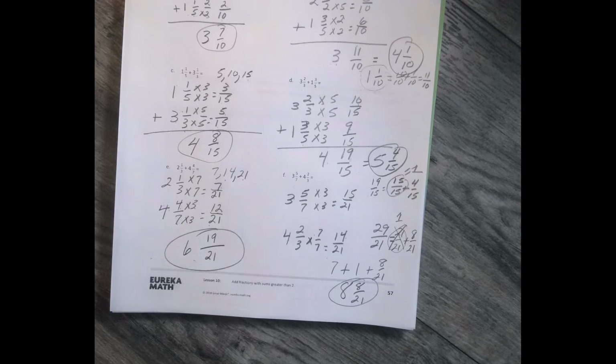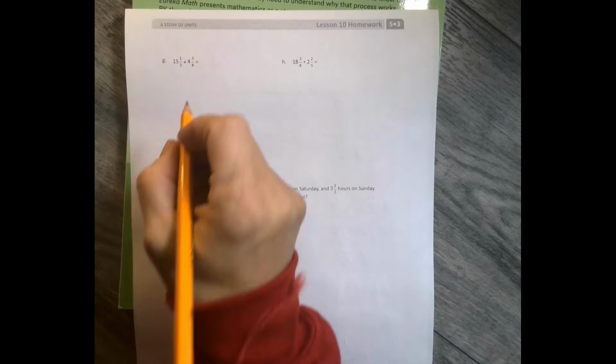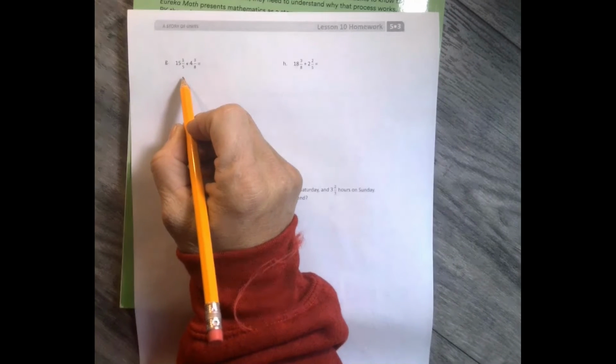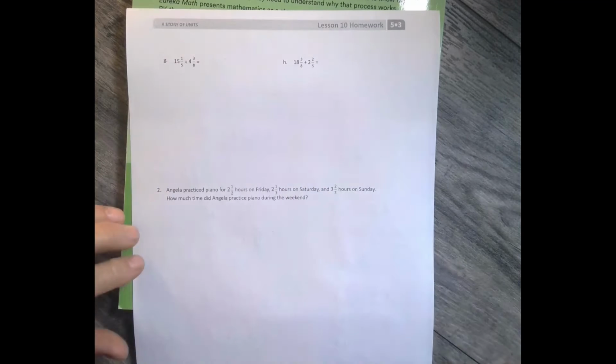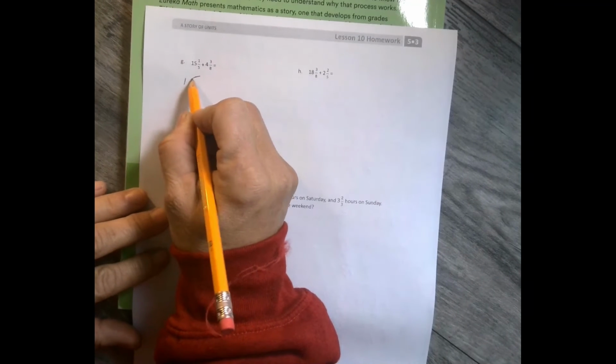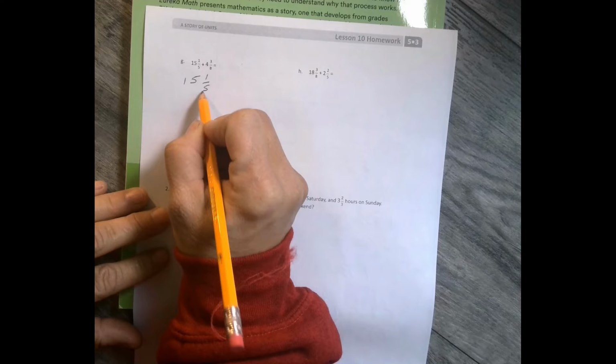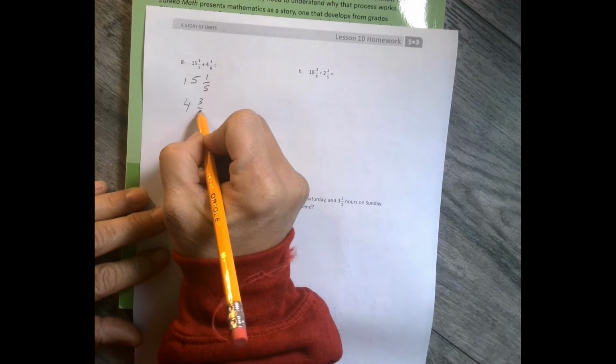Okay, let's go on to G. Okay, G, 15 1/5 plus 4 3/8. So the same thing, I'm going to write it vertically so that I can do the work a little easier and organize myself.